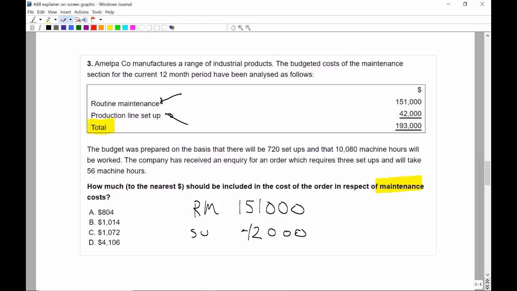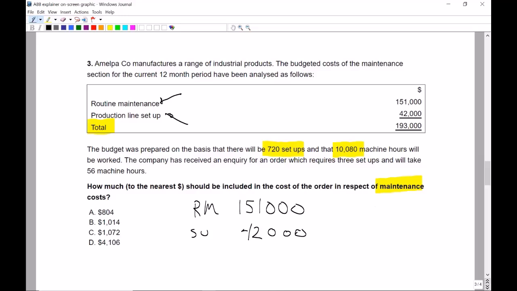There will be 720 setups, and the machines will operate for 10,080 hours in this period. So if we divide those total costs by the number of drivers, we'll get a cost per driver, which we can then apply to this order and arrive at a maintenance cost for it.